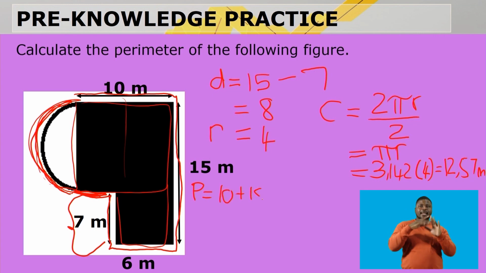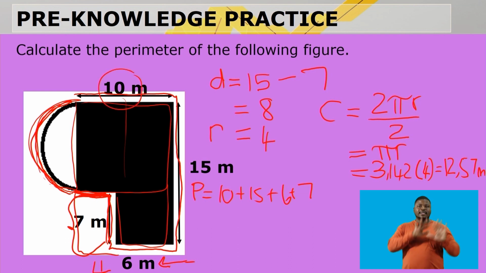So now if we look at the whole thing, my perimeter P is 10 plus 15 plus 6 plus 7, going up there. Now we need that one. We know that this part is going to be 4 because it needs to be the same as the 10 at the top.